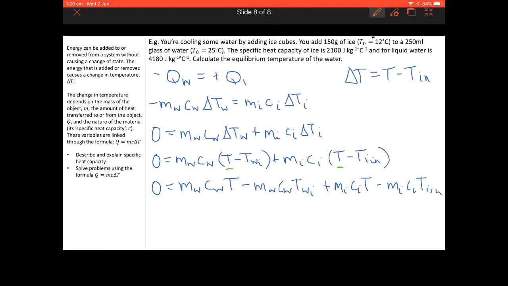So now what I'm going to do is collect this and this, and then I'll be able to factorize.